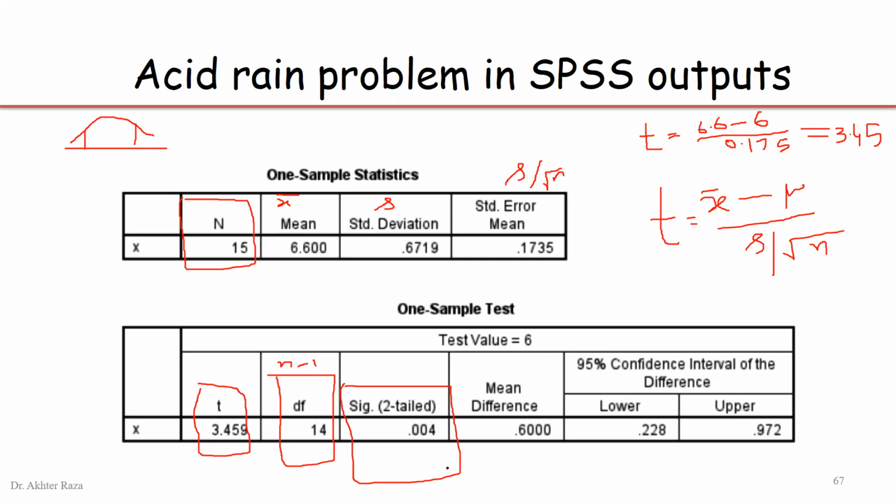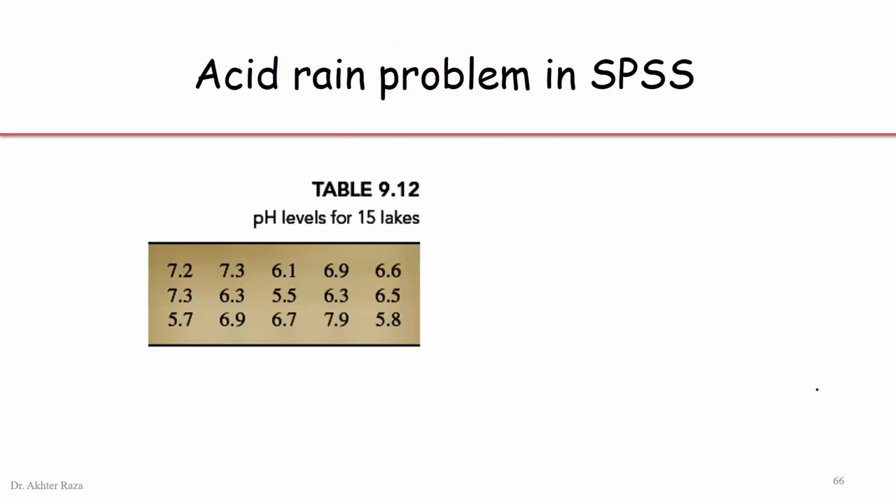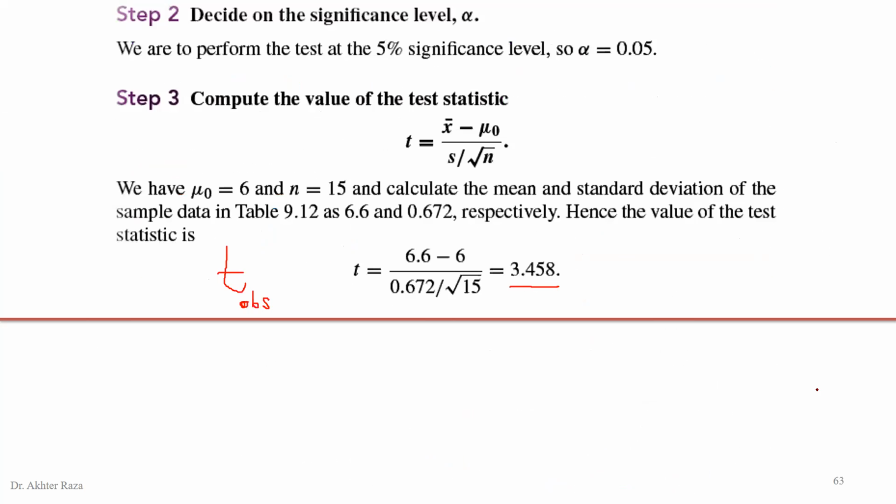If I divide it by 2, it is even smaller. 0.002 is very much smaller than 0.05, which is the level of significance, alpha. So our null hypothesis will not be true, and the data provides sufficient evidence in support of H1, and the final conclusion is the same as we did previously by using the manual solution.